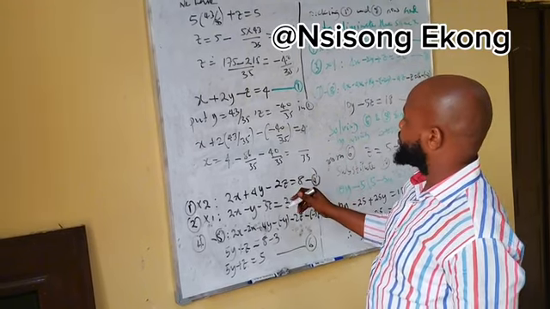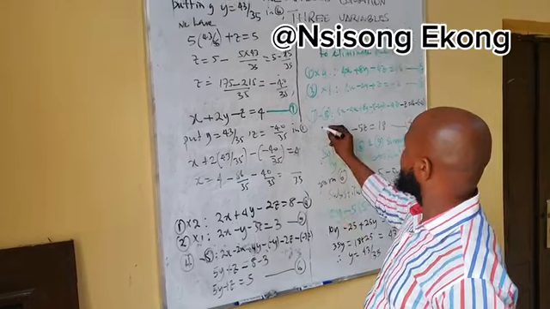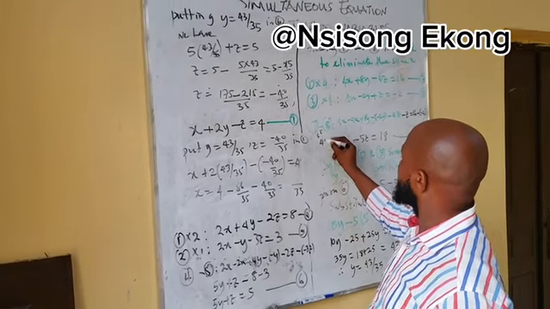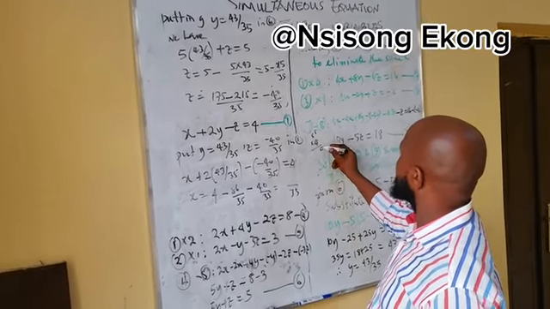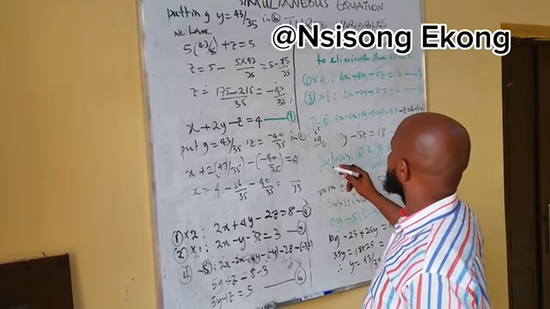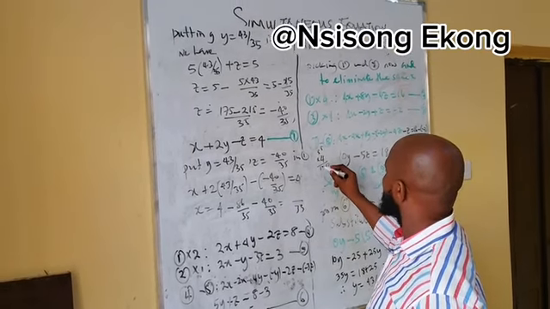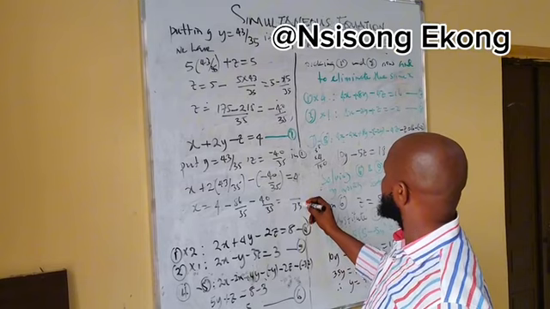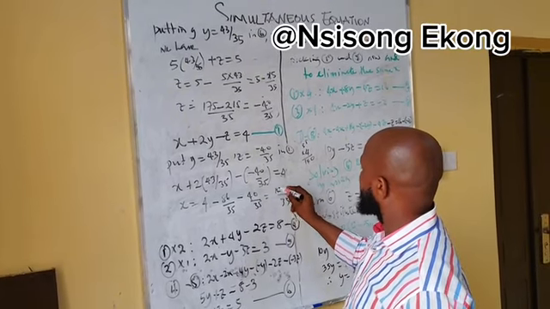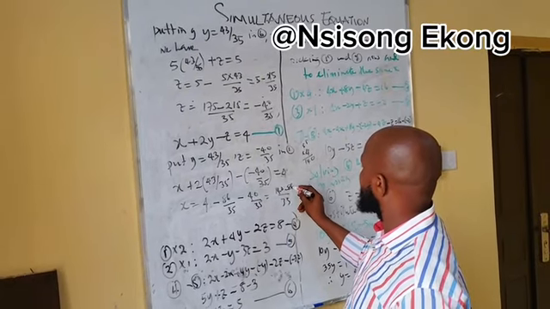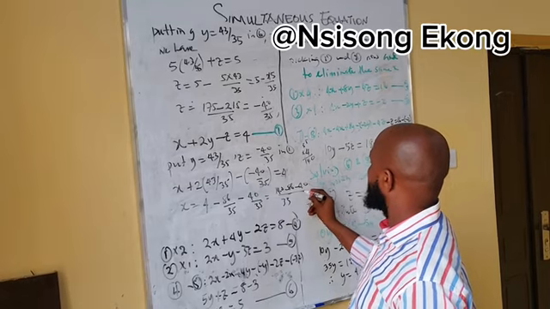And here we have 4 times 35, which is 140. 140 minus 86 minus 40 over 35.